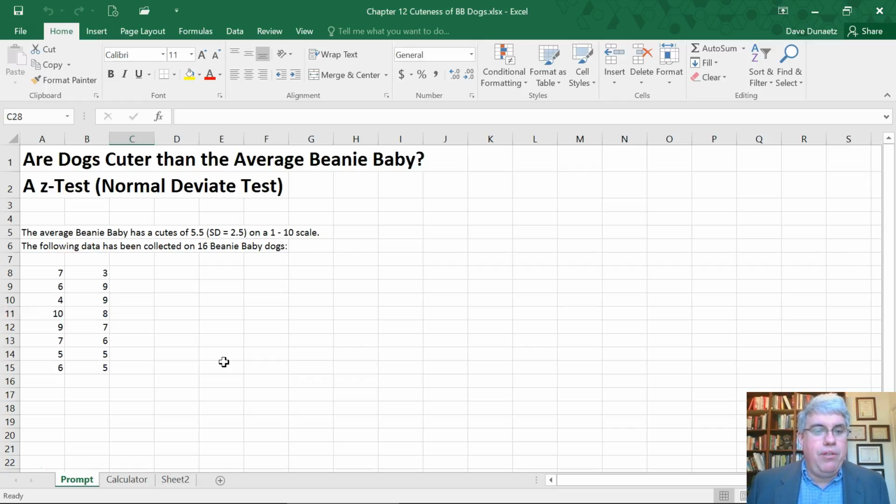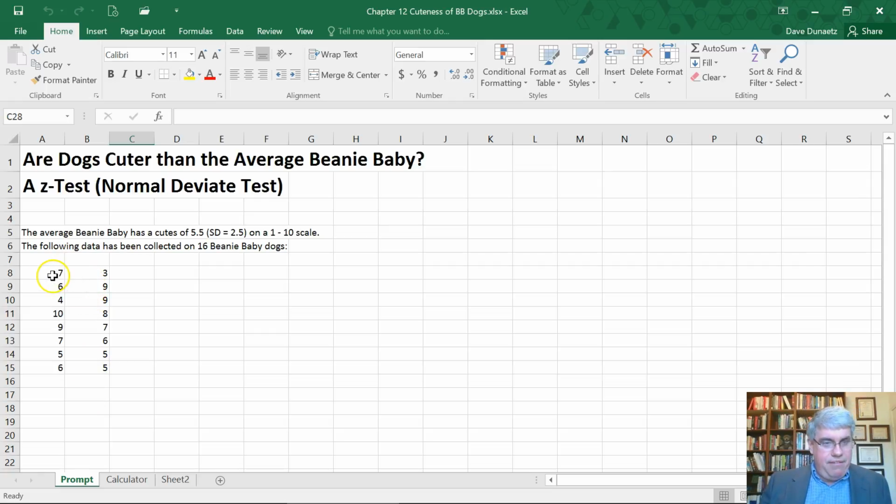Now, we know the population mean is 5.5 and the standard deviation is 2.5. And so we'll take a sample of Beanie Baby dogs and see if there's a big enough difference so we can make a conclusion that, in the eyes of the people that grade Beanie Babies, dogs are cuter than the average Beanie Baby.